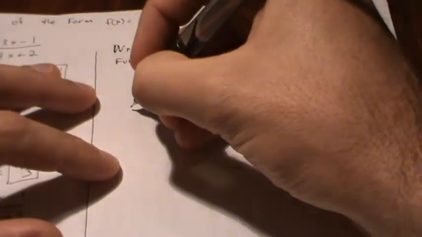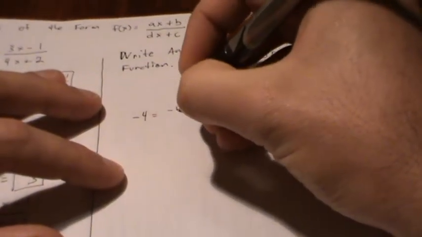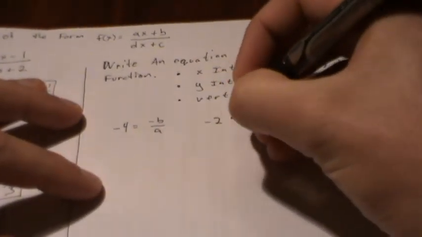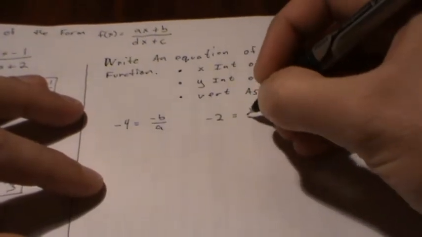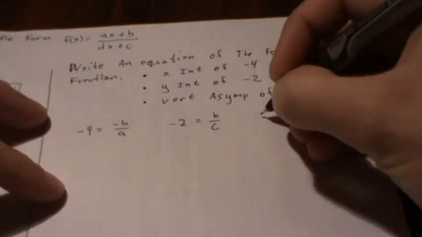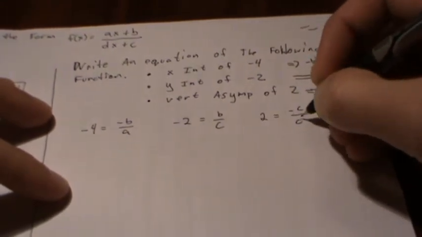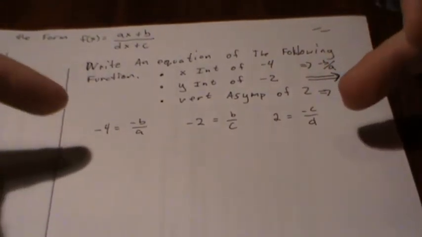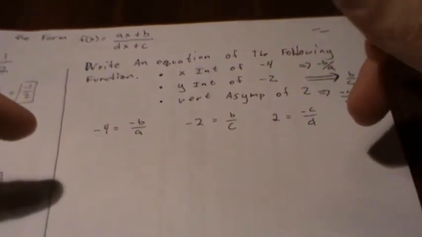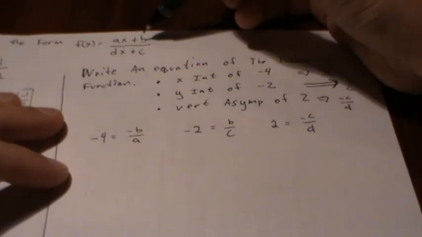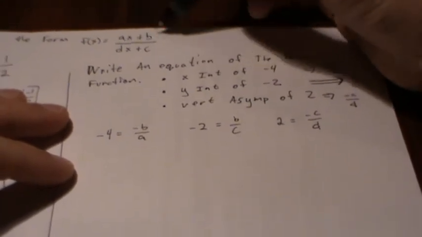I basically need a negative 4 to be equal to negative b over a, I need a negative 2 to be equal to b over c, and I need a positive 2 to be equal to negative c over d. And then once I figure all of these things out, I put them in my original equation up here.